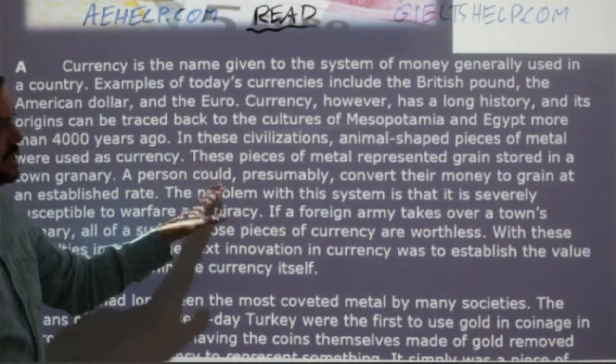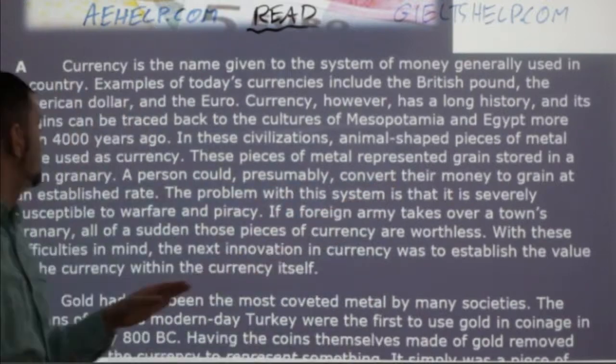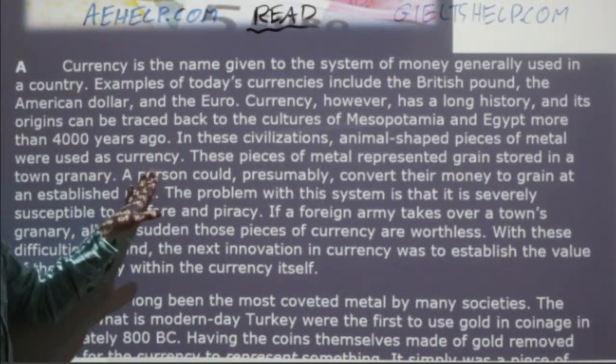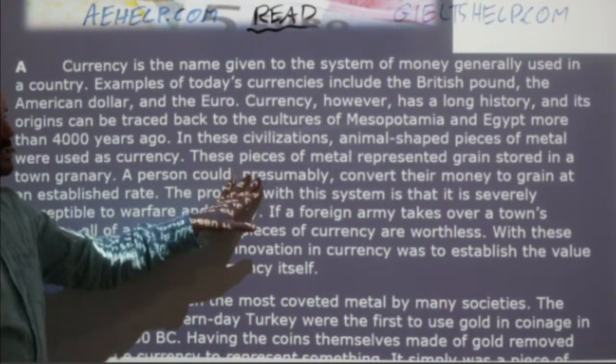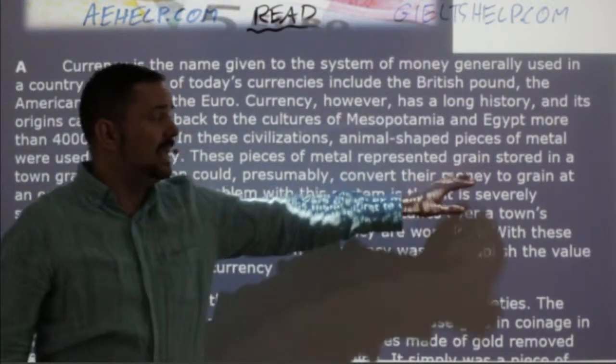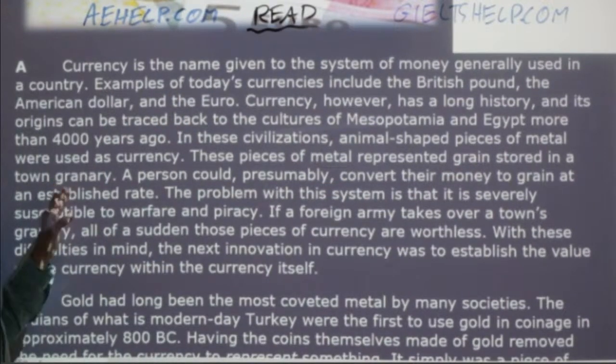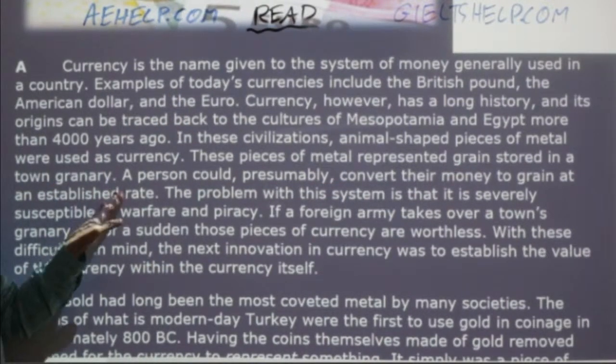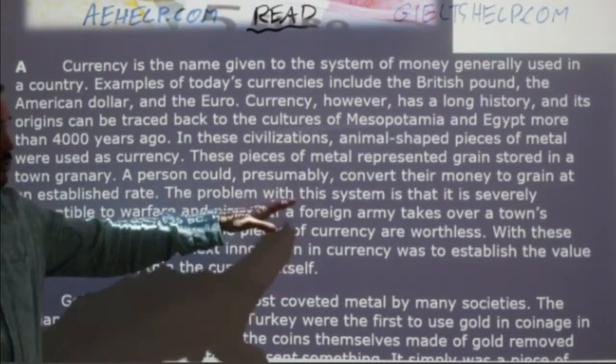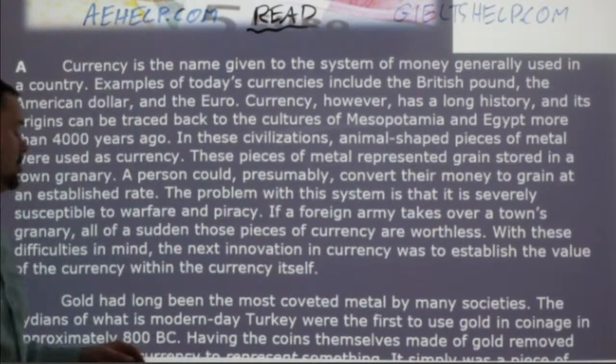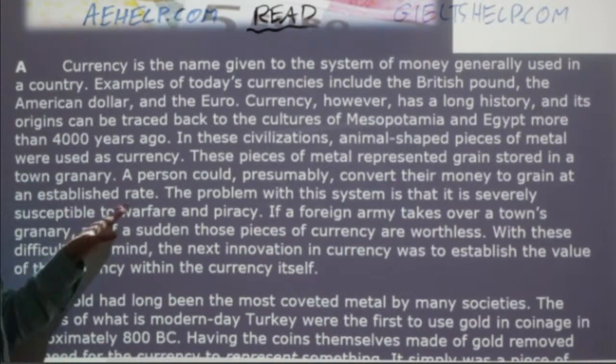In these civilizations, animal-shaped pieces of metal were used as currency. These pieces of metal represented grain stored in a town granary. A person could presumably convert their money to grain at an established rate.